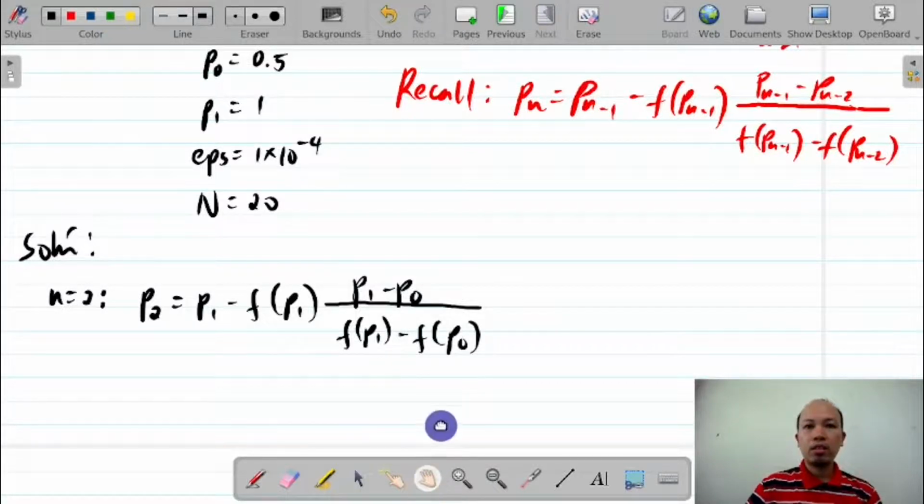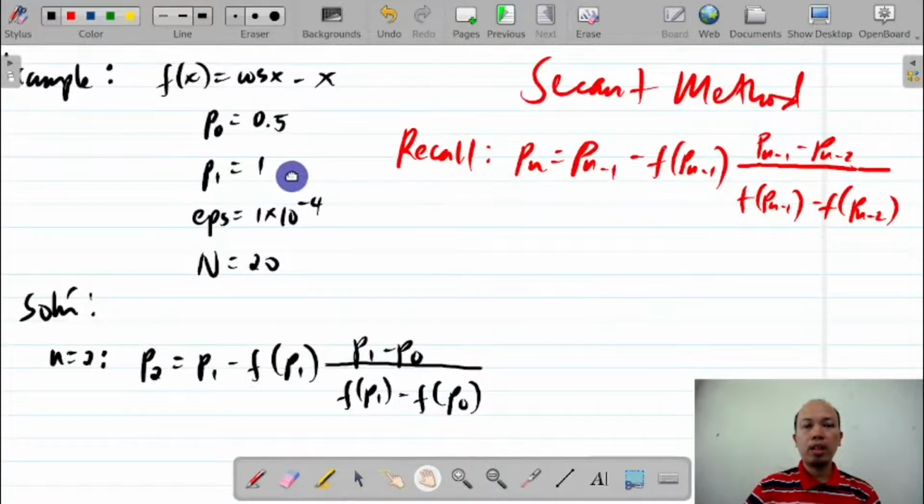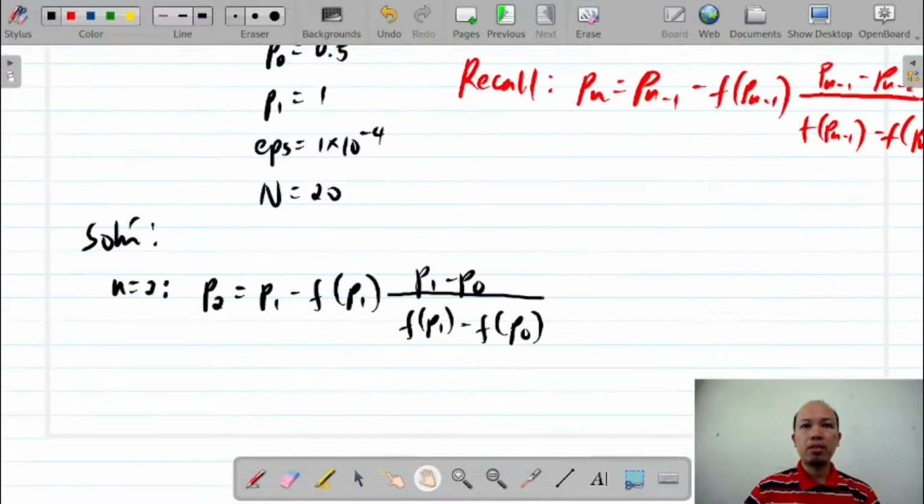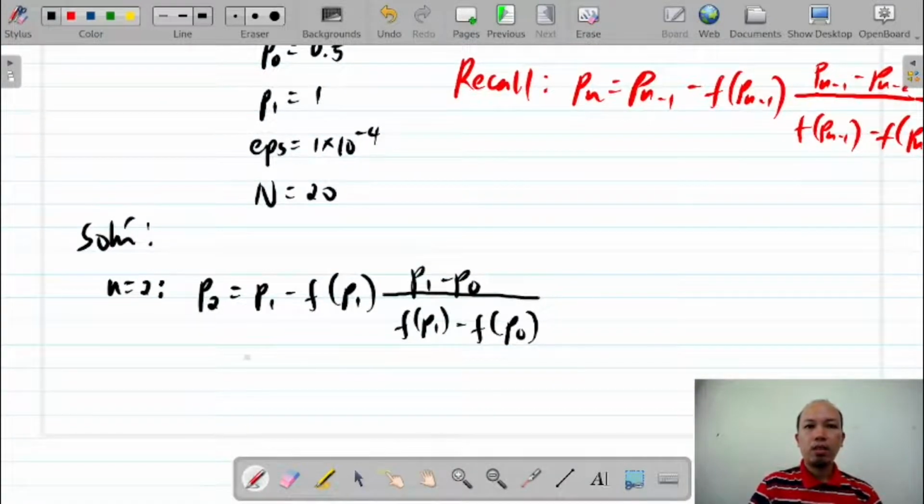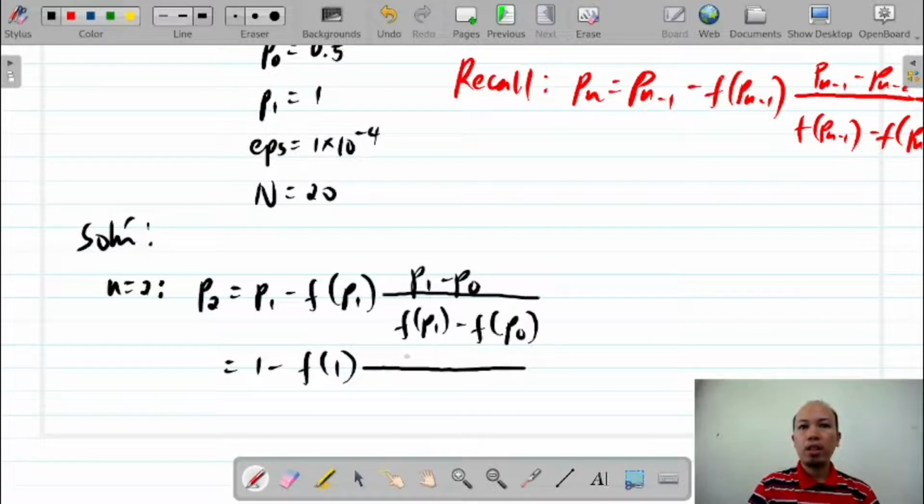This is why we need two guesses, p sub 1 and p sub 0. So just plug in the values. We have 1 minus f of 1 times the quantity 1 minus 0.5, over f of 1 minus f of 0.5. Okay, so let's compute.